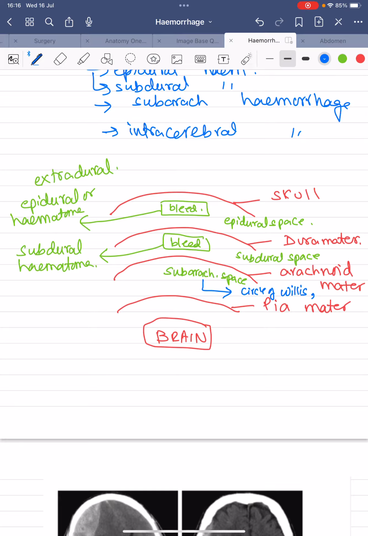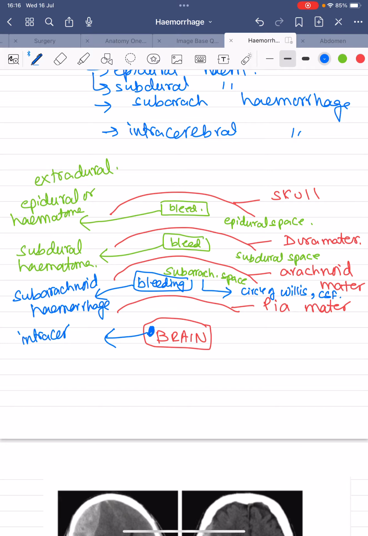So if bleeding occurs in the subarachnoid space, it is known as subarachnoid hemorrhage. And if the bleeding occurs in the brain, then it is known as intracerebral hemorrhage.